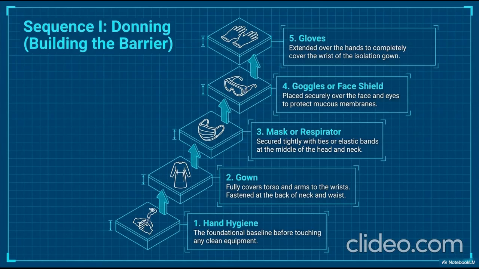The mask or respirator is removed by the straps without touching the contaminated front surface. Finally, hand hygiene is the absolute, non-negotiable step to neutralize any accidental biological transfer that may have occurred during the stripping process.